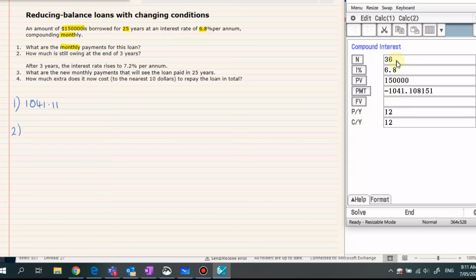So after 3 years, the future value is going to be $142,391 and 91 cents.